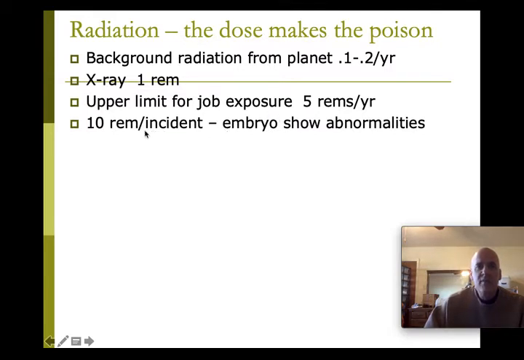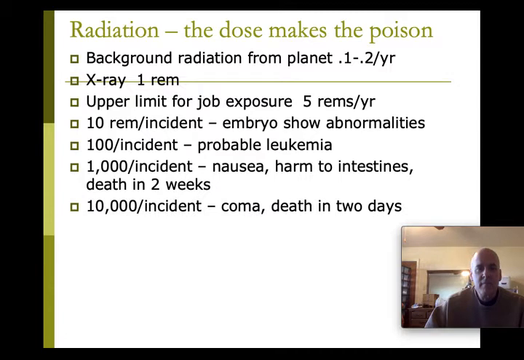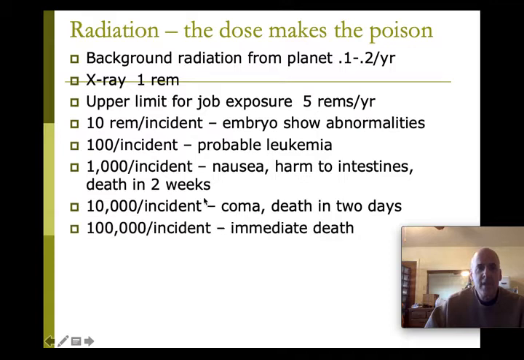Okay, 10 REMS in an incident: if you're pregnant, that can cause embryo abnormalities. 100 REMS all at once is probably going to cause leukemia. 1,000 will cause nausea, harm to the intestines, and you will die in 2 weeks. 10,000, coma and death in 2 days. 100,000 will kill you right on the spot.